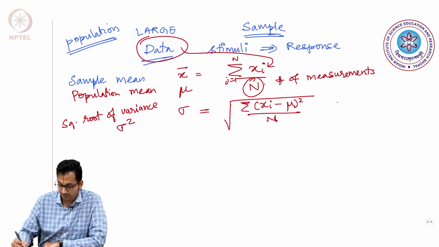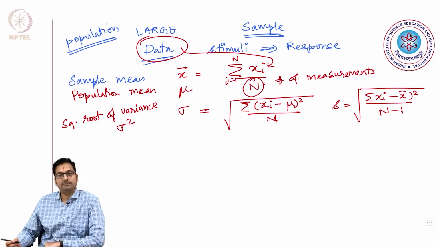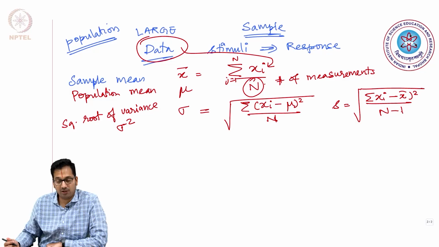Of course, when it becomes a small data set, it becomes the sample standard deviation. That will be given as the square root of the sum of (xi minus x bar) the whole square divided by n minus 1. Okay, so these were the definitions that we saw in the previous class.